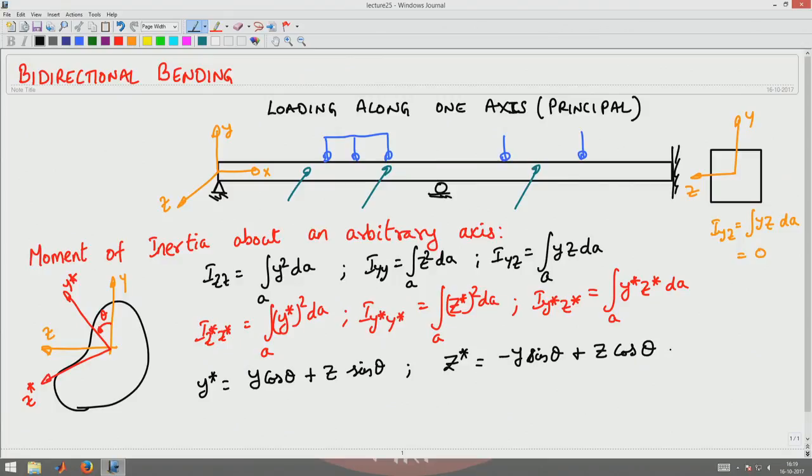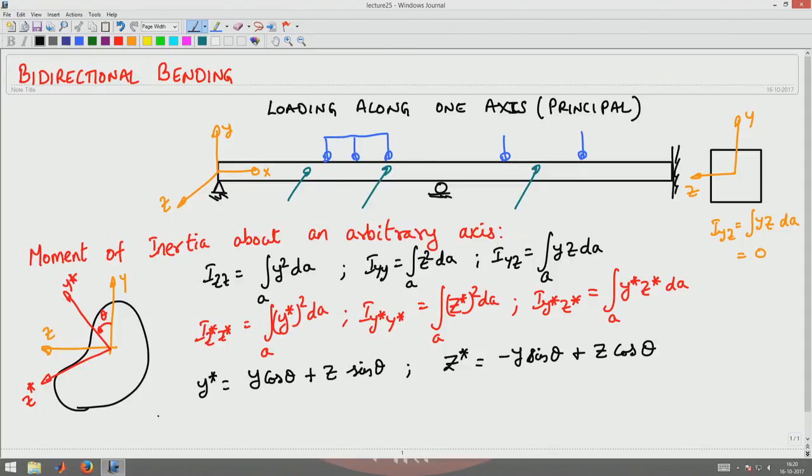Okay. Now, I substitute for y star and z star into the expressions here. So, I substitute this expression for y star in here, this expression for z star in here, and y star and z star in there, and I expand these equations. Okay.